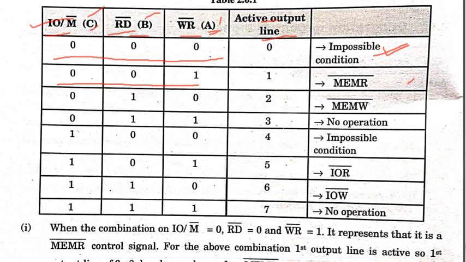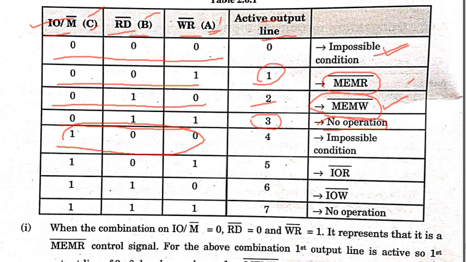Next one, when it is 001, at that time a memory read operation will be done, so that pin is active. Whenever it is 010, that is 2 in decimal, in that case a memory write operation is there. So the data will be written into the memory, that can be a RAM or ROM. Simply, 011 means 3 in decimal, there is no operation.